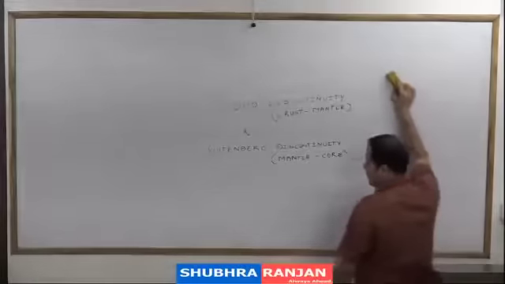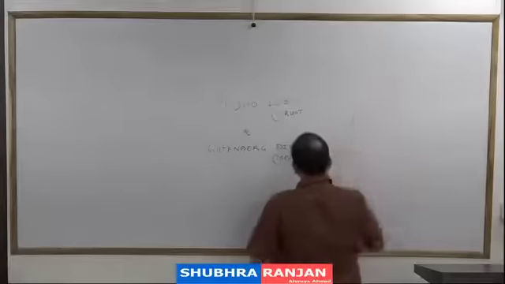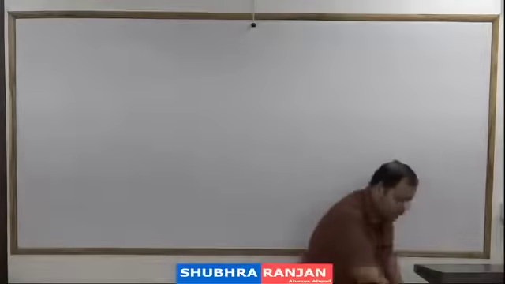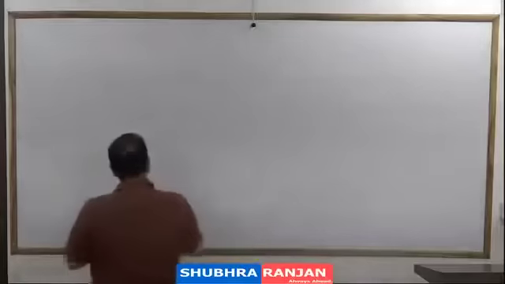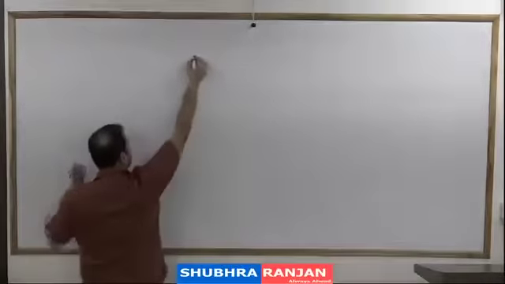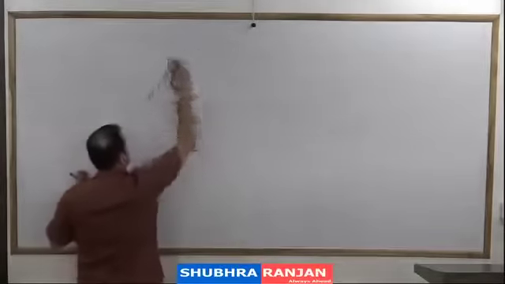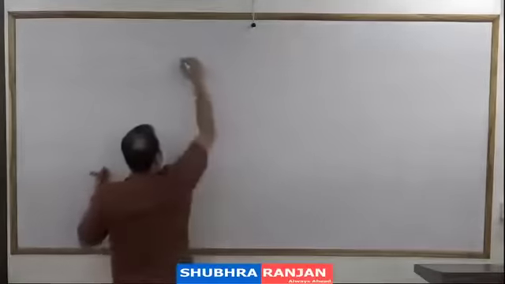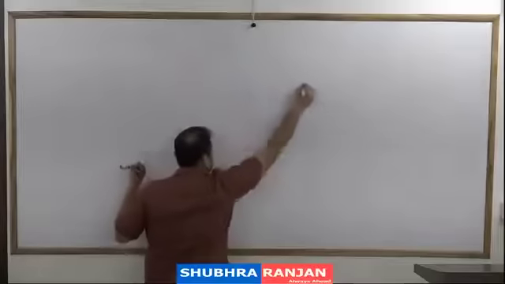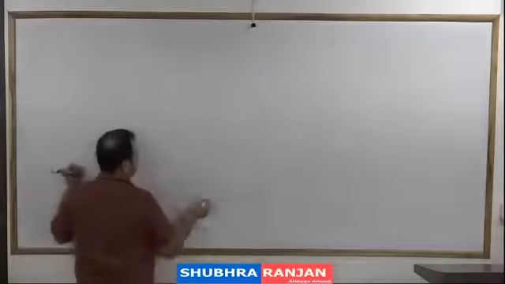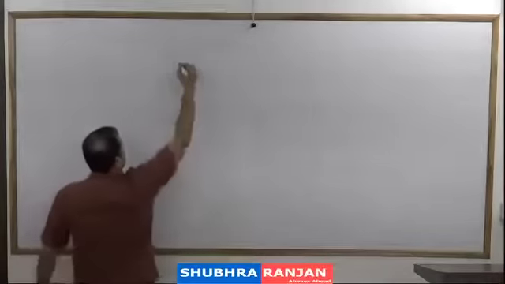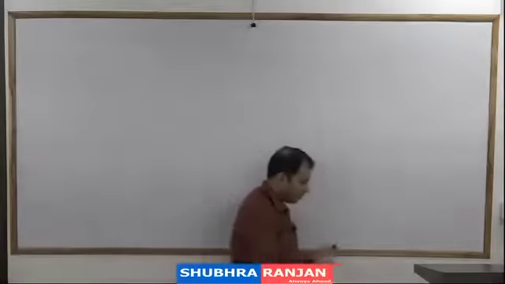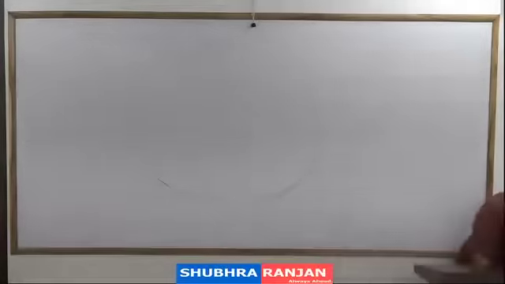Can I rub this part? Before we go to the next point, understand this very properly. I'll take this part as a crust, the uppermost layer as a crust here.